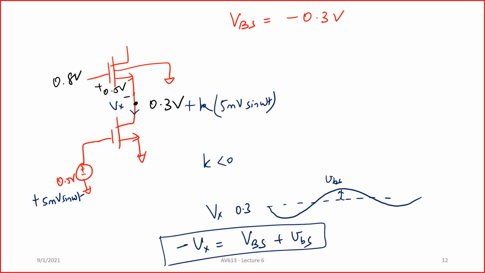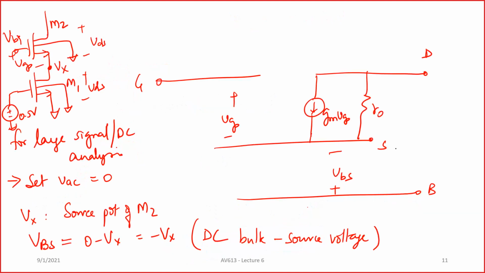Yeah, thanks. So now, if you look at this particular device and observe it carefully, what does this bulk to source voltage do to our transistor? What is the effect?